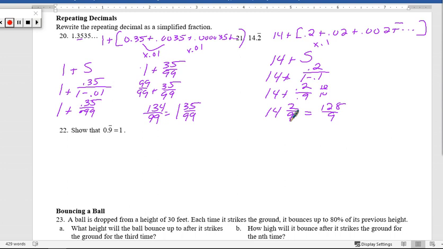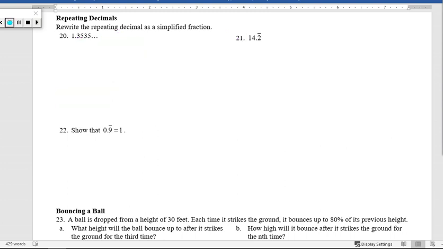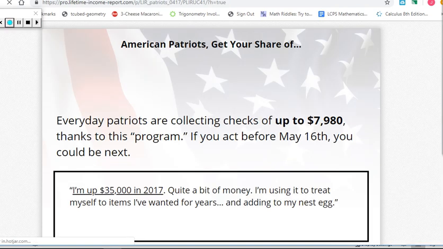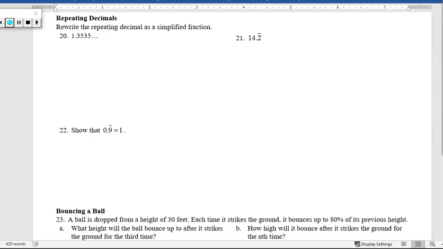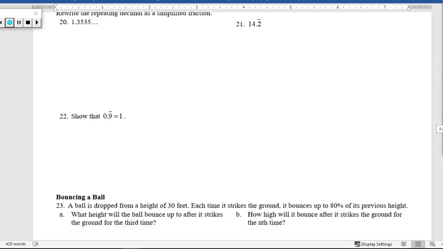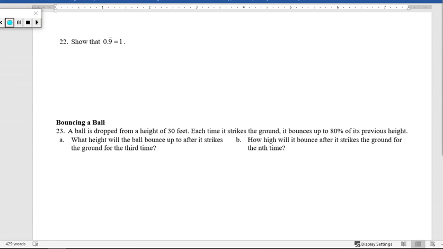We could show, this is just kind of a fun little fact, or a proof, trying to show that 0.9 repeating is the same thing as 1. So what I'm looking at here, I want to prove that 0.999 is equal to 1.